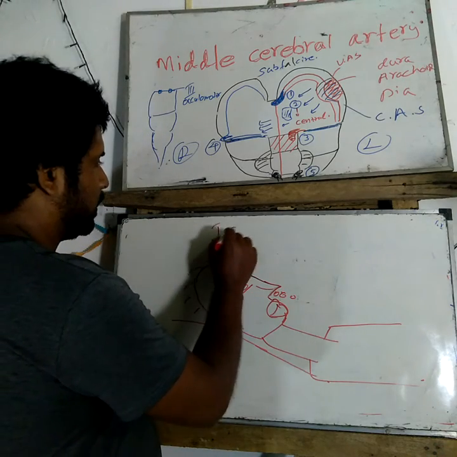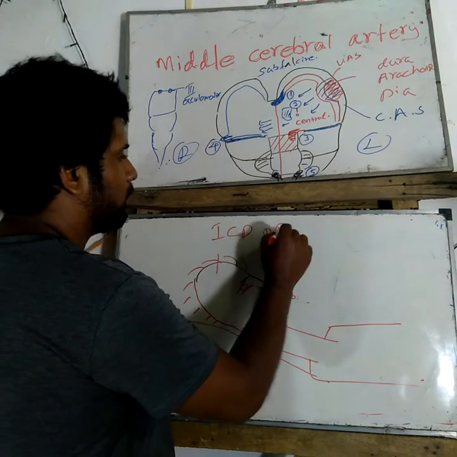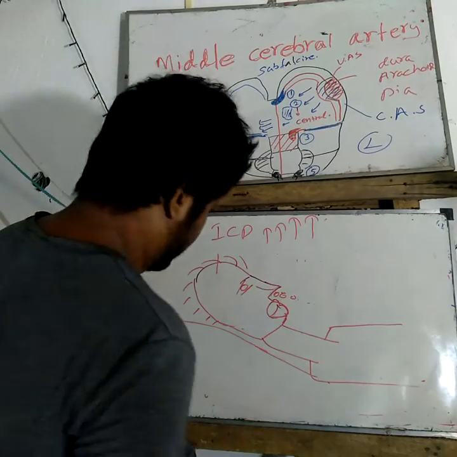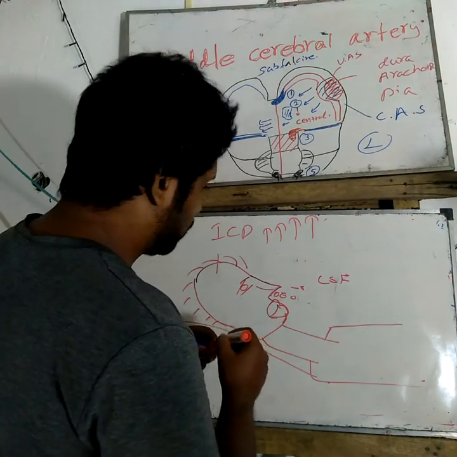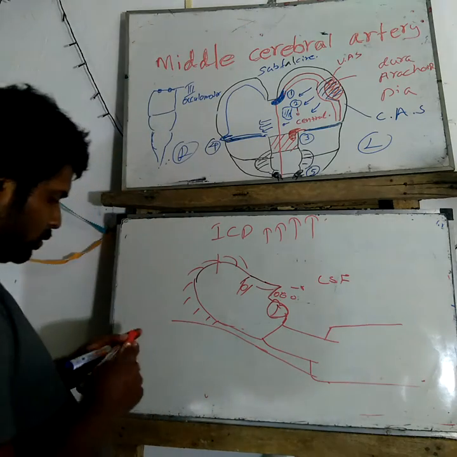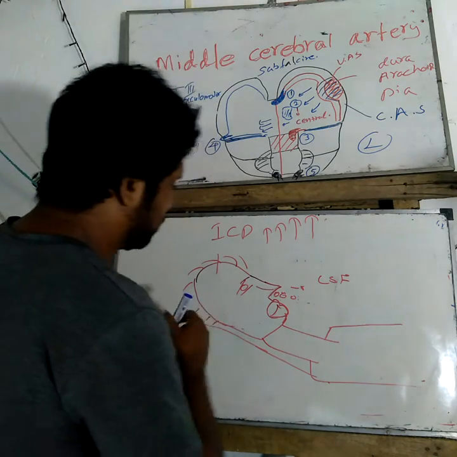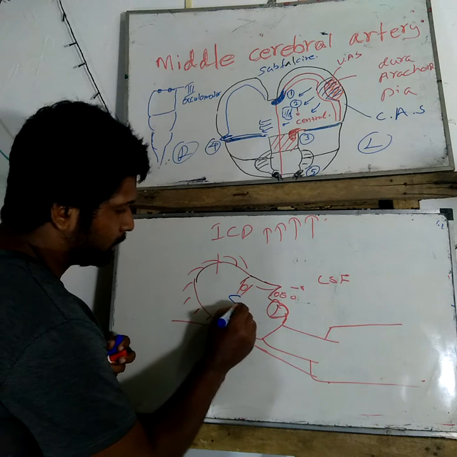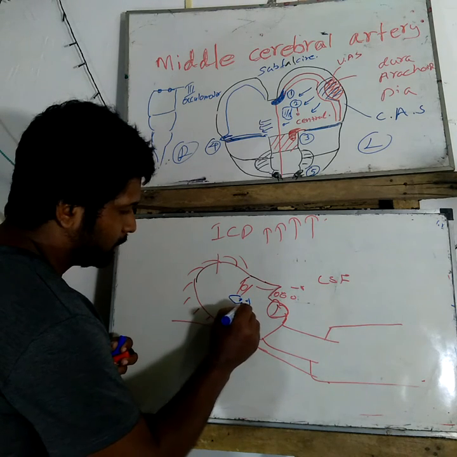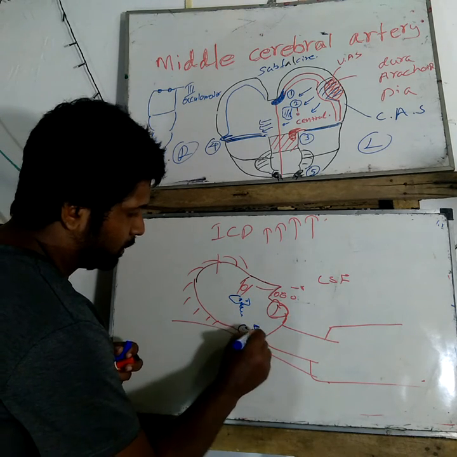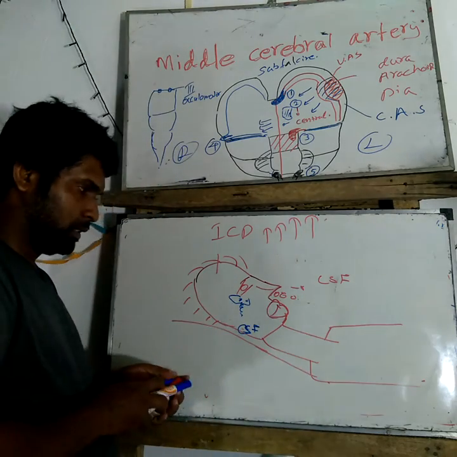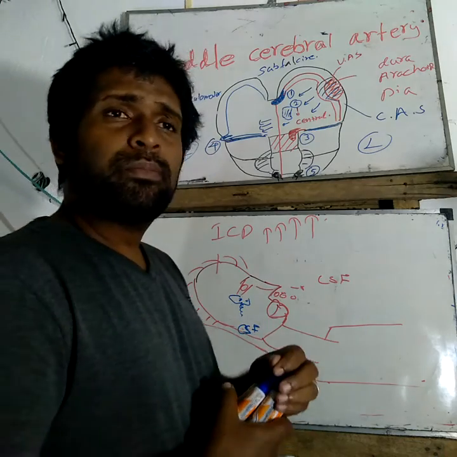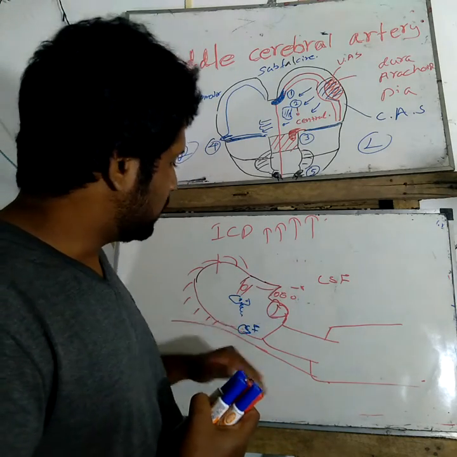The intracranial pressure goes high and higher, and the CSF fluid comes out from the nose or from the ear. That is the most important. Another sign and syndrome: CSF fluid out of the ear and nose. Blood can also come from the nose and ear.